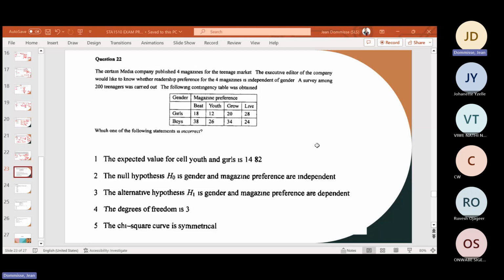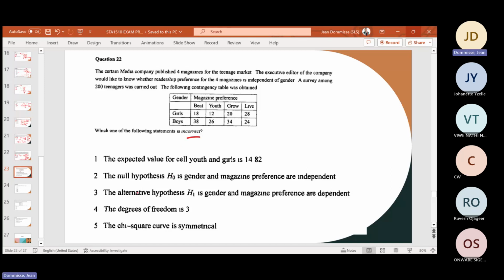So at the moment, we don't need to work out anything. We can work with the information and just see what else is needed. Okay, so find the one which is incorrect.